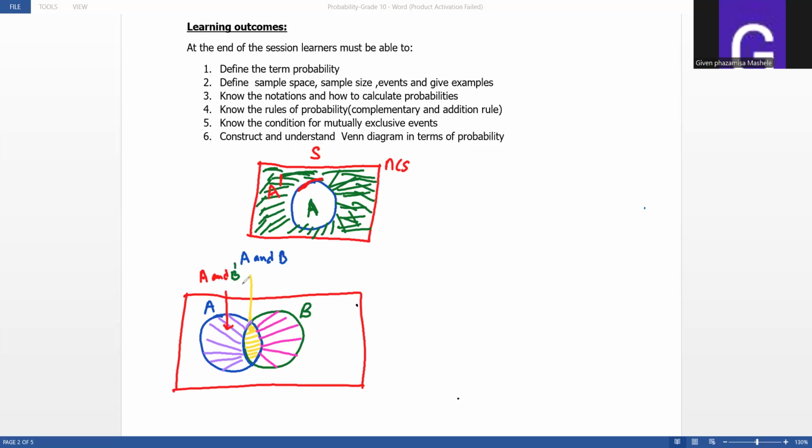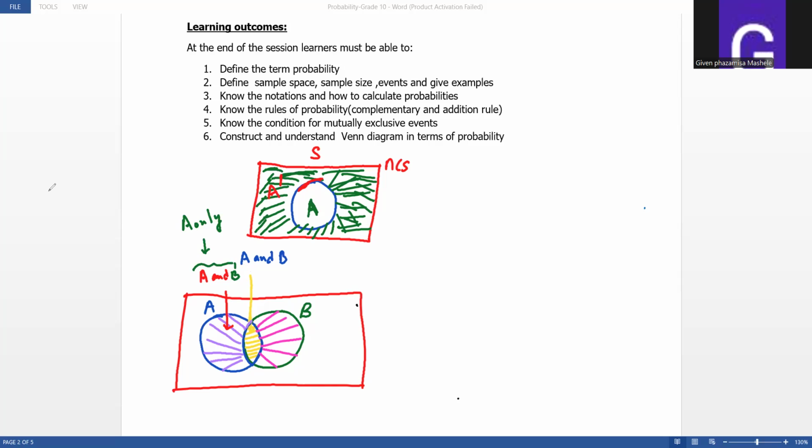So it's A and not B. And if we have A and at the same time we do not have B, it's the same as saying we have A only. So it's the part where we have A only.